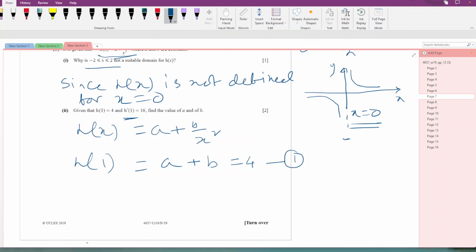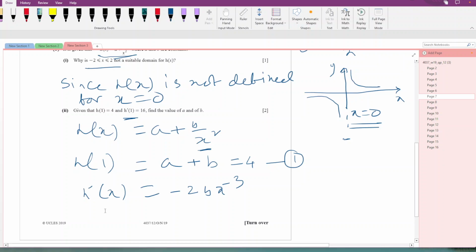I simply differentiate this Hx and h prime x equals to minus 2b x to the power minus 3, the power of x being minus 2 here.